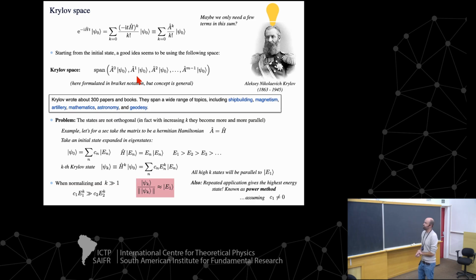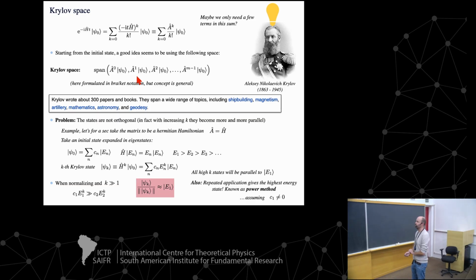This is actually quite easy to see if one goes to a very extreme limit. Let's, for a second, just say that A is the Hamiltonian. Here it's actually the imaginary unit times the Hamiltonian, but let's just say it's the Hamiltonian. Now if I decompose my initial state into the eigenstates of this Hamiltonian, which can be a random state with some coefficients, and let's say that I order the eigenenergies, so E1 is larger than E2, E3, and so on.